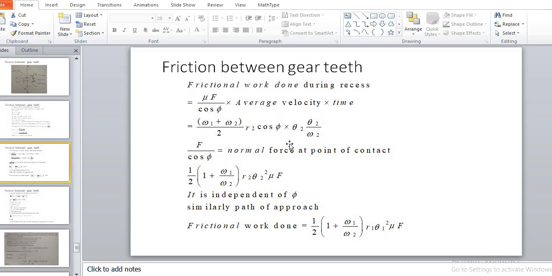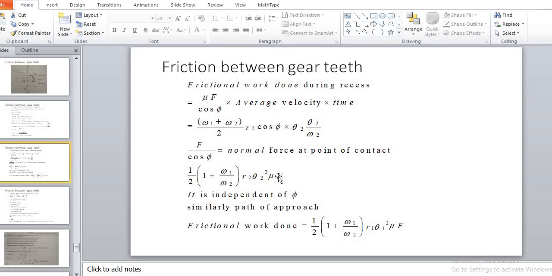We can write this here, and F by cos phi is considered the normal force. In the term mu F by cos phi, the cos phi and the other cos phi get cancelled.